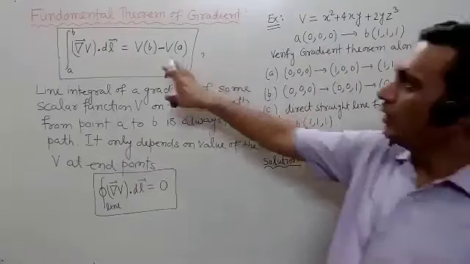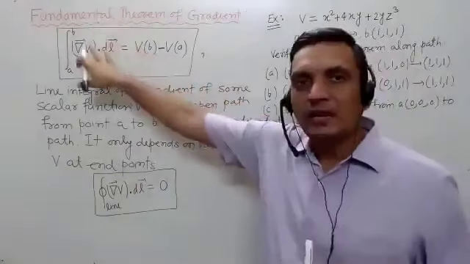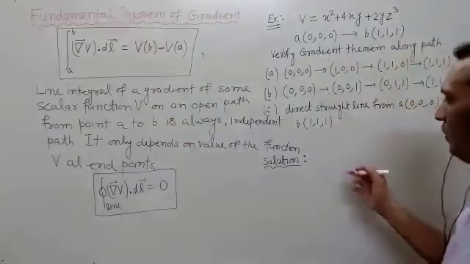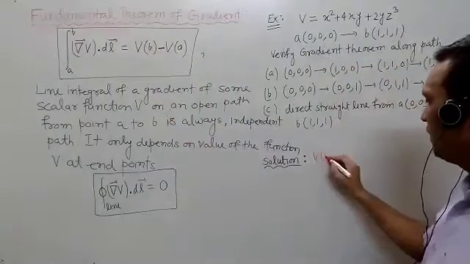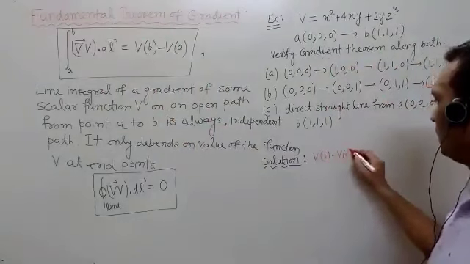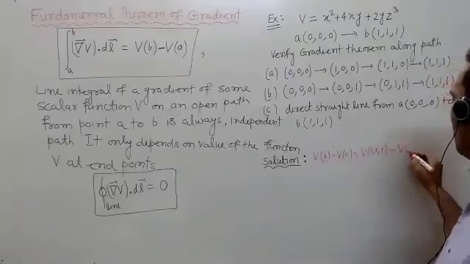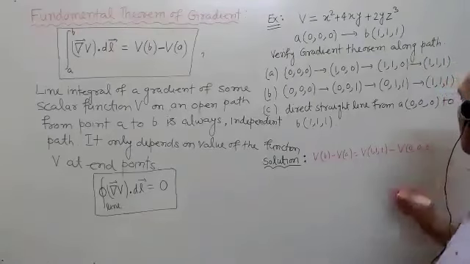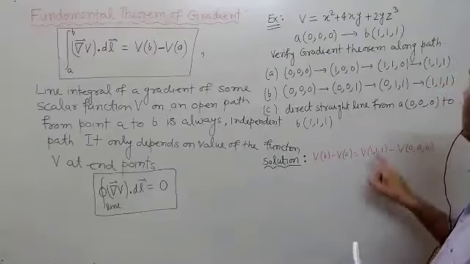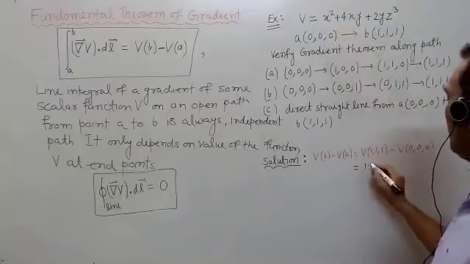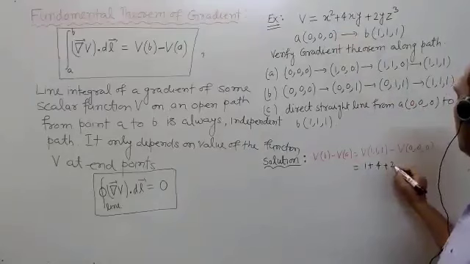So let us first calculate the right hand side, because the integral value must be fixed according to the gradient theorem. So what will be VB minus VA? That is V(1,1,1) minus V(0,0,0). So V(1,1,1) will be 1 plus 4 plus 2 minus 0.